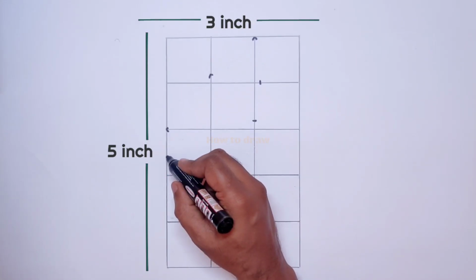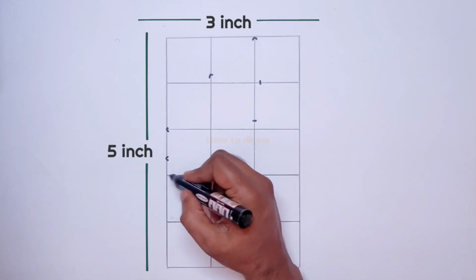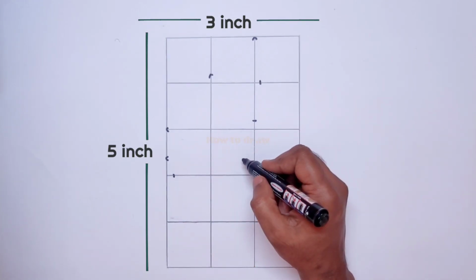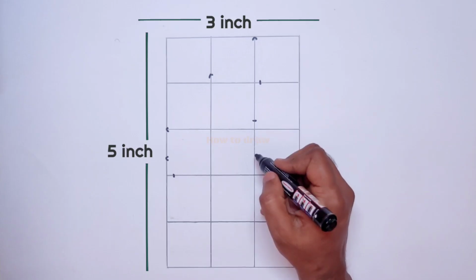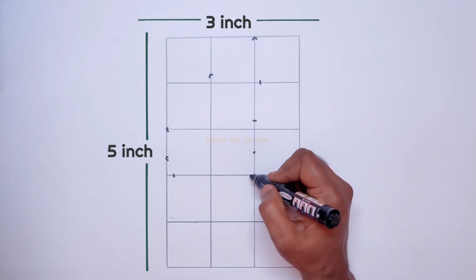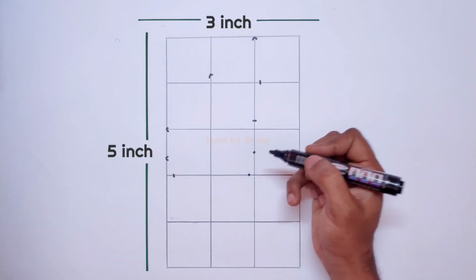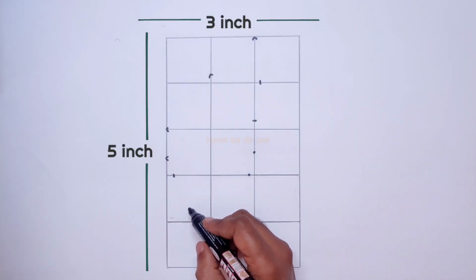And now in this box, at the center we have to make a curve, and here also we have to make a point like this. Coming to this box, continuing from this point, we have to make a center point in this box like this. Afterwards, after making this point, here at the bottom we have to make a point like this.